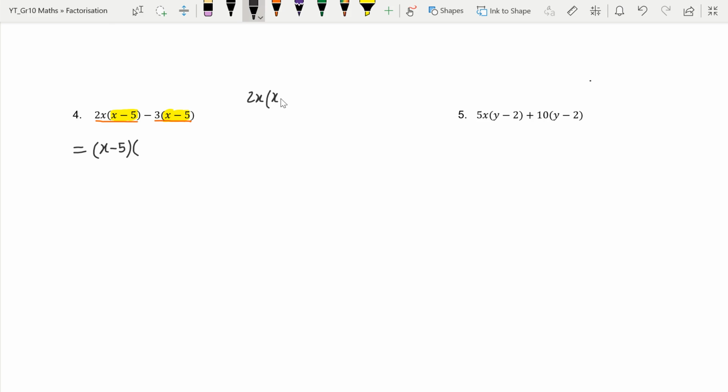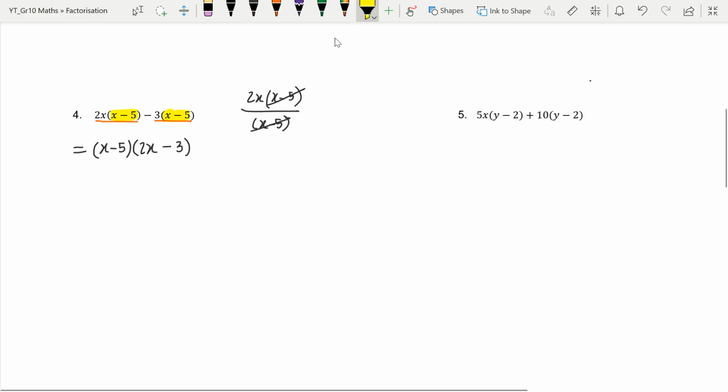Well, if we take that whole first term and we divide it by the common factor, then we will be left with 2x. And in the second term, we will be left with that. And there we go. We took out a common factor, which in this case is a common bracket.